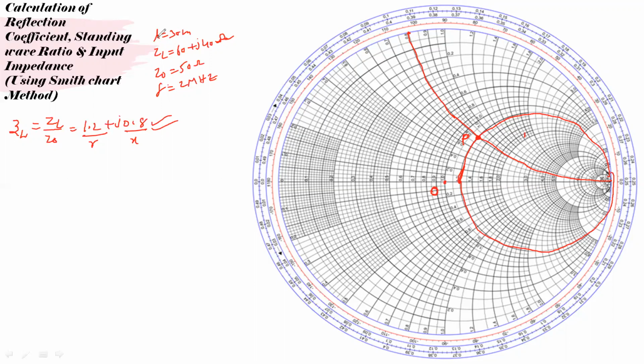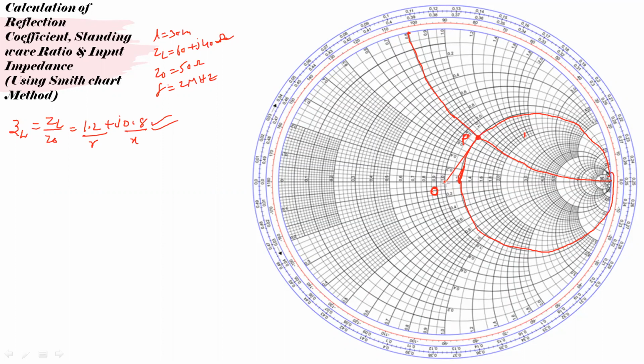Then I will join these two points, that is O and P. Then I can get the value, that is, to get the angle. The first question is the reflection coefficient. For that we need to do some steps.